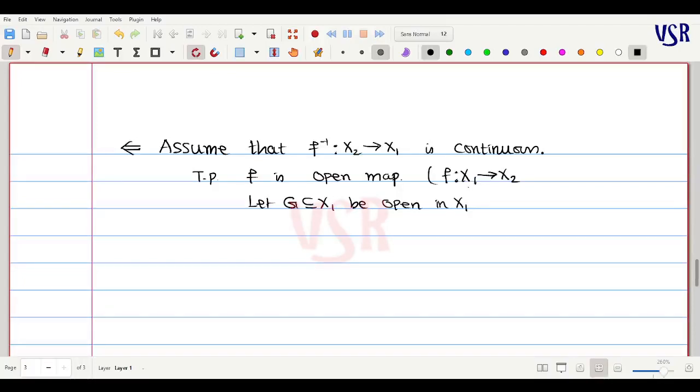Now what am I going to prove? To prove f of G is open in X2.